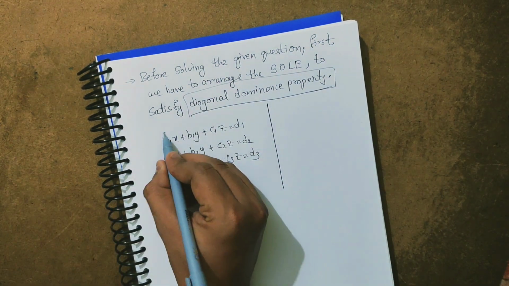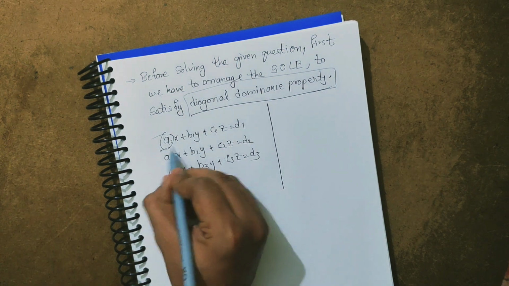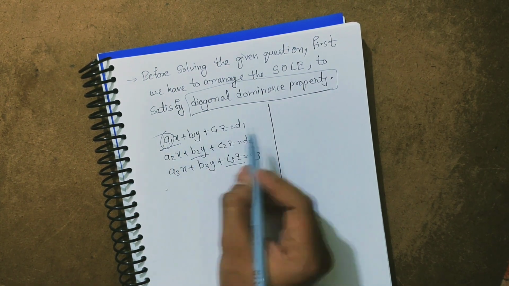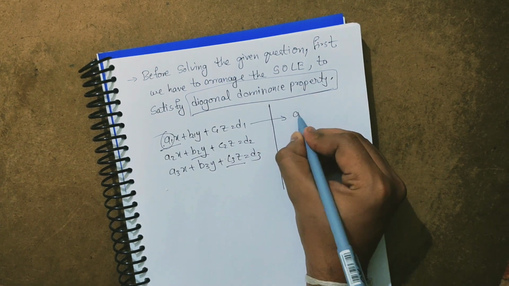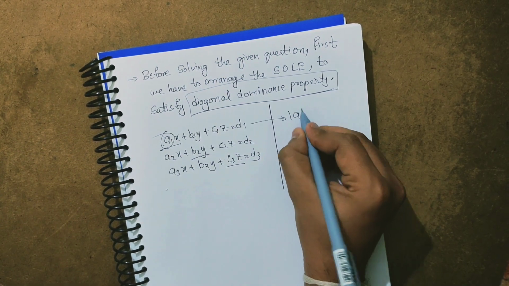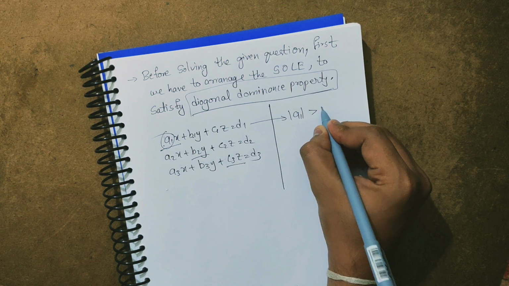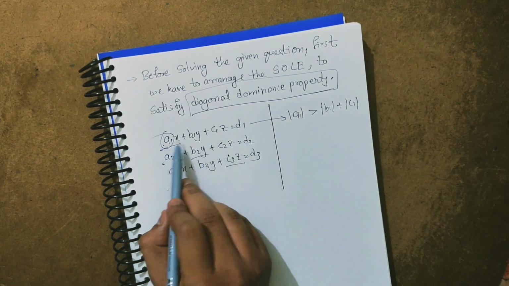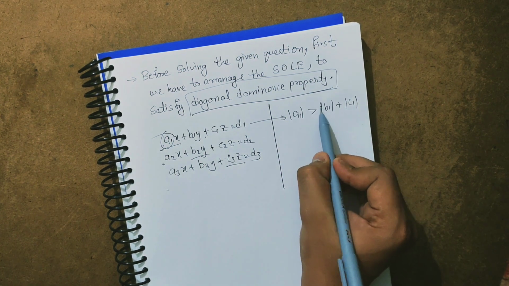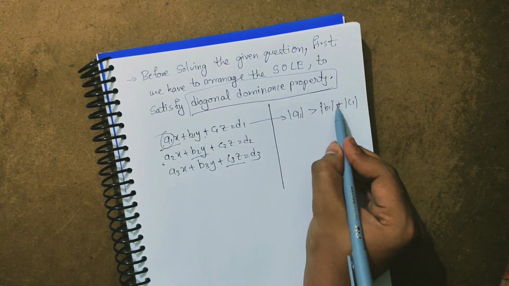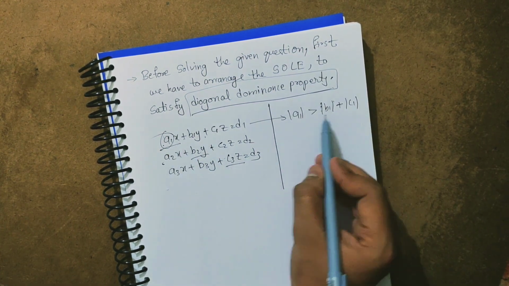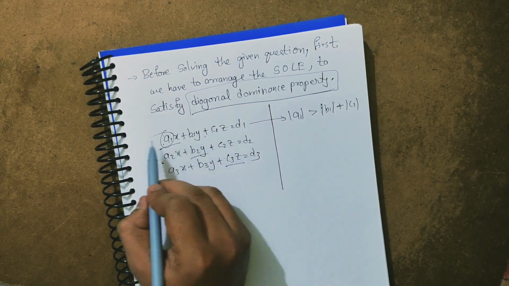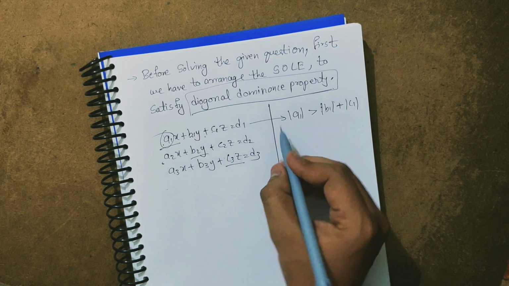This is nothing but this a1 value. This value should be greater than the sum of these two values, which is nothing but we can say a1 should always be greater than |b1| plus |c1|. It doesn't matter whether the signs are plus or minus, that's why we used modulus here. We just have to add up b1 plus c1, then a1 should be greater than this sum.